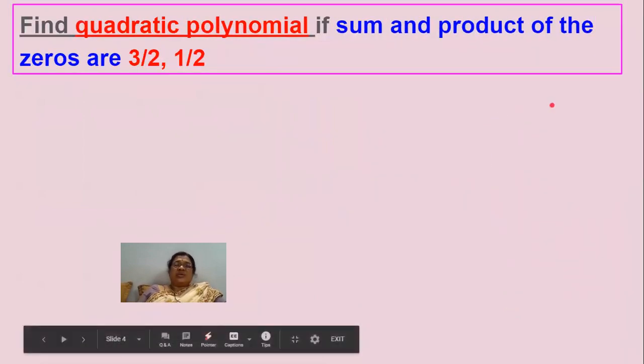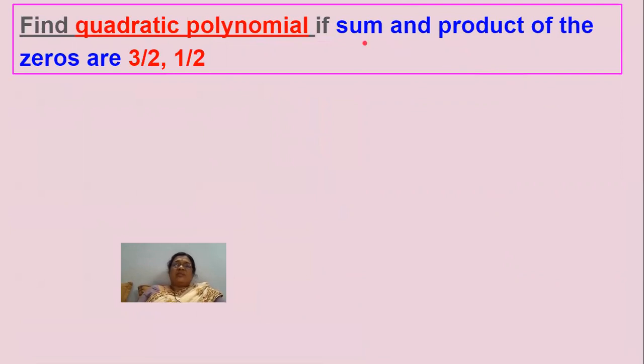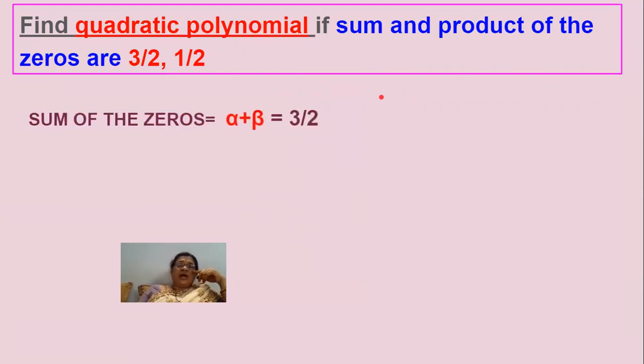See here the quadratic polynomial. In this problem, the sum and the product of the zeros are given. He did not give what the zeros are, he has given just the sum and product. So there is no need to add the zeros here, he has directly given the sum.